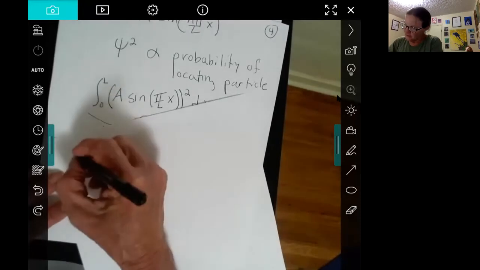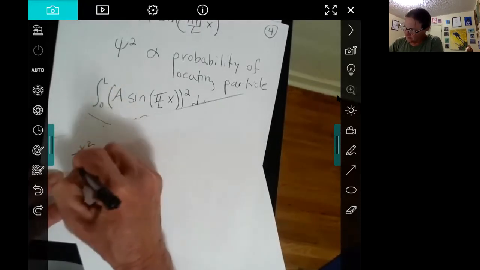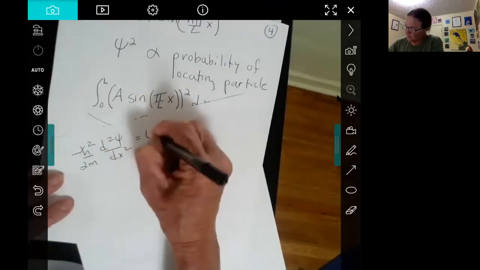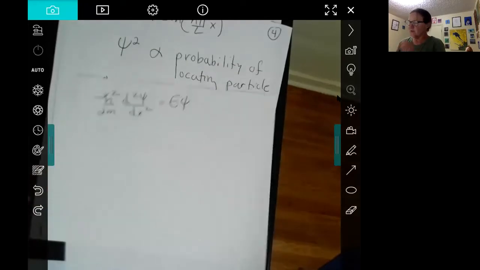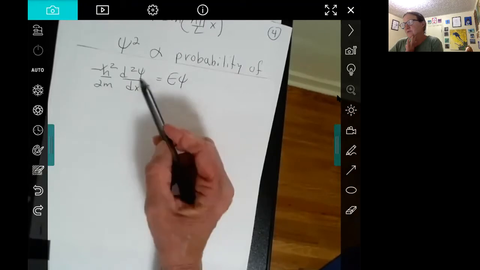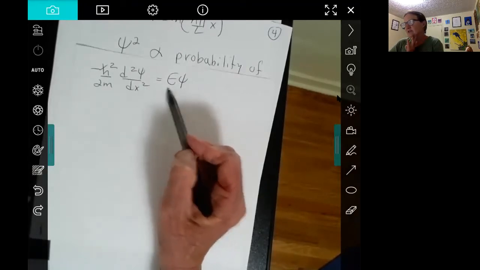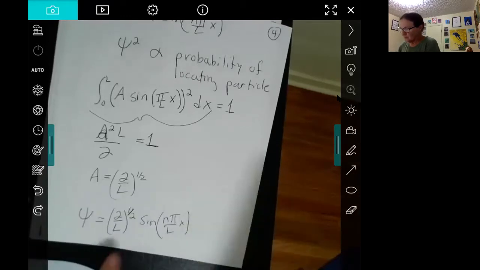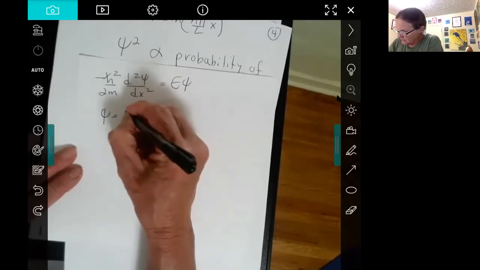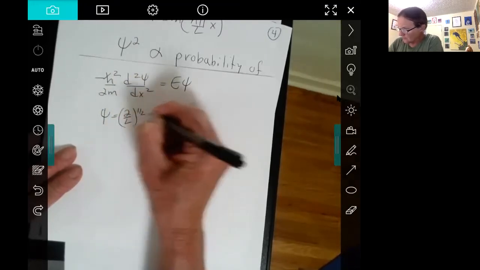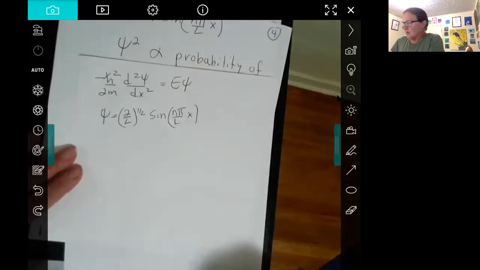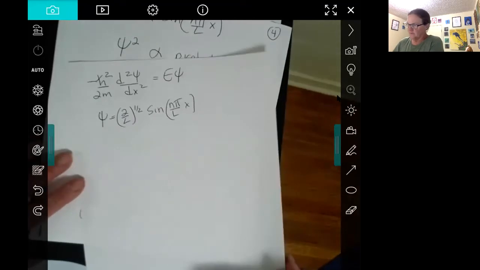In that region where the particle exists, Schrödinger's equation says that negative h bar squared over 2m times the second derivative is equal to E times psi. So when we look at what our psi is, we can figure out what the possibilities for energy are.